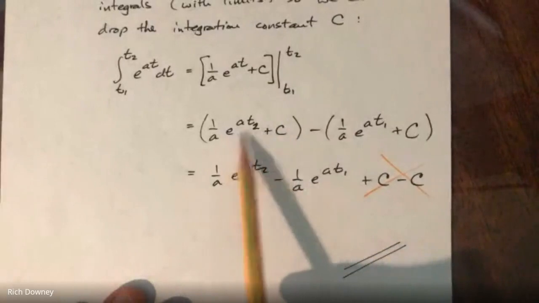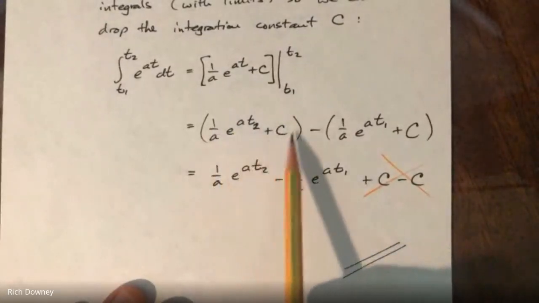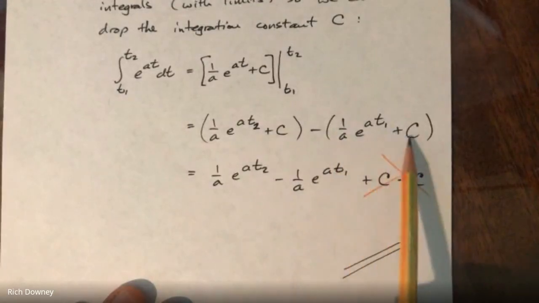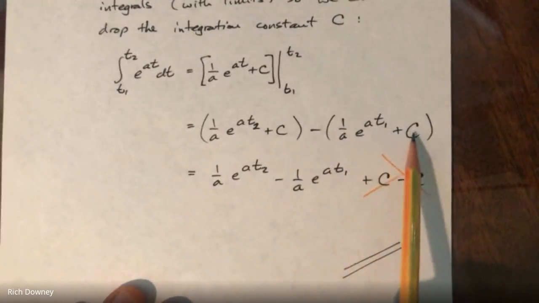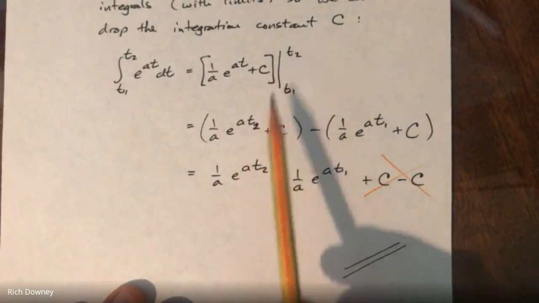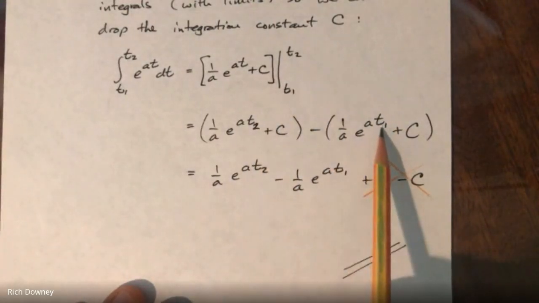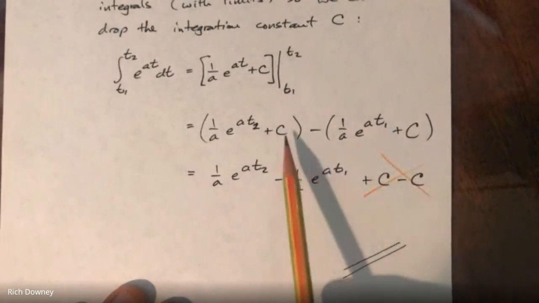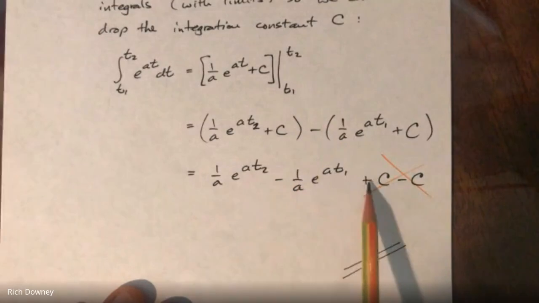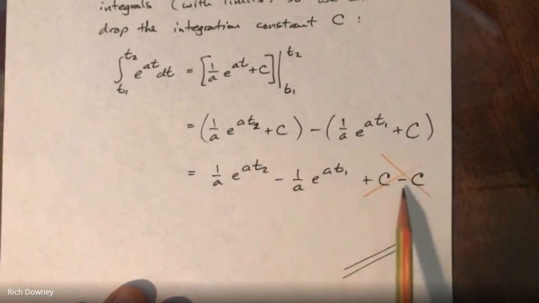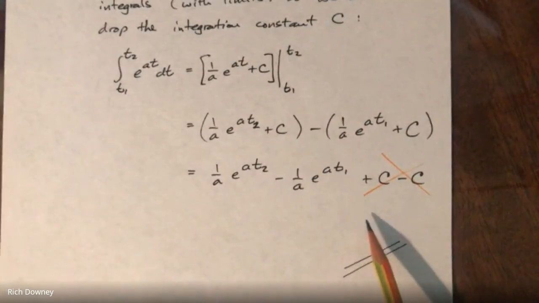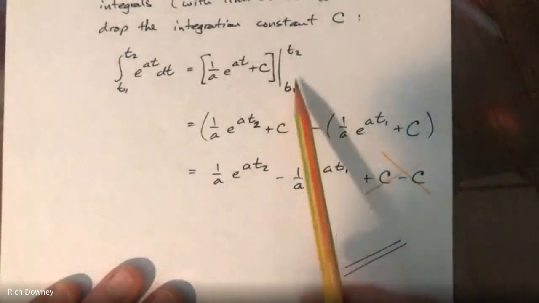So when I do that, I put in my antiderivative, including the plus c, and then I subtract the same antiderivative, including the plus c, but the first time I'm substituting in the upper limit, and the second time I'm substituting in the lower limit. And then you can see when I subtract here, if I distribute out the negative sign, I have plus c, and I'm going to get a minus c. The c is always going to cancel anytime you have a definite integral with limits.